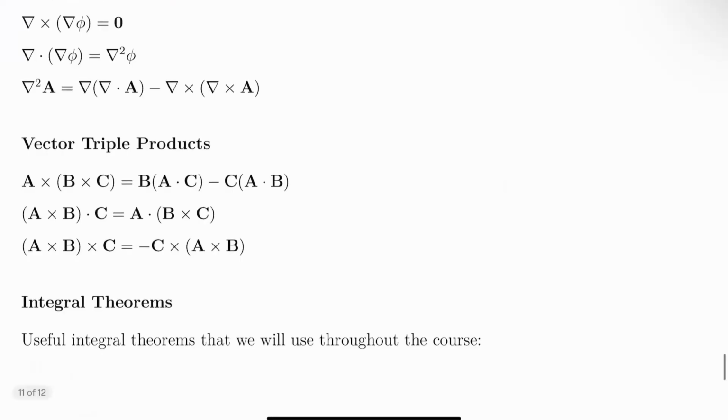And of course, you have what's known as the BAC-CAB rule, which is the cross product of three vectors. It's very important to keep in mind that the cross product is not associative, right? So what does that mean? That means these brackets are very important.